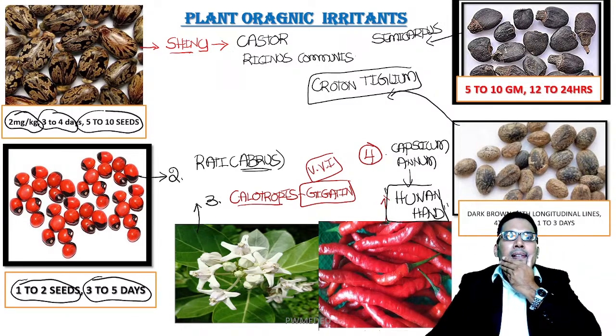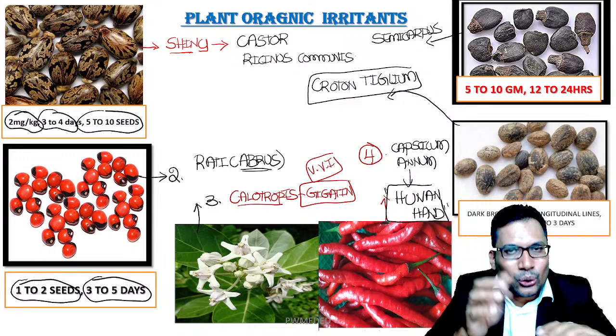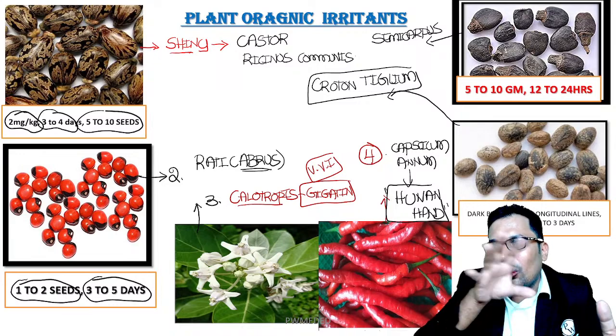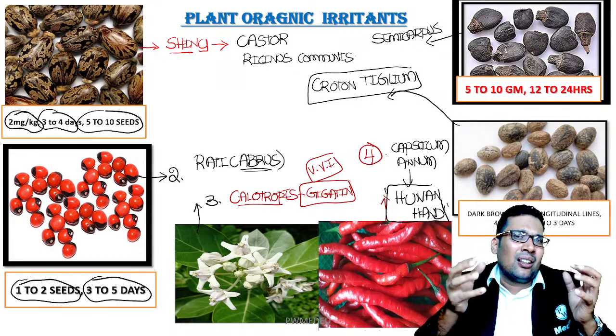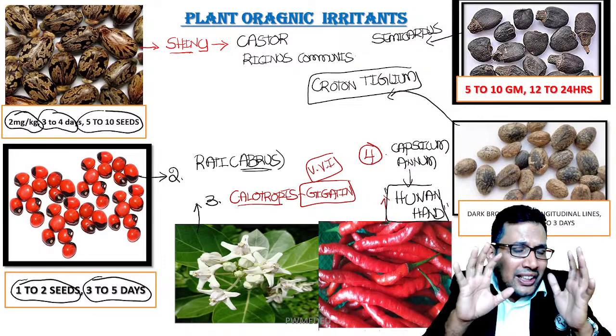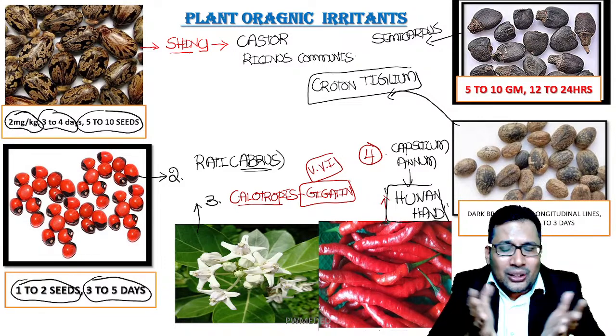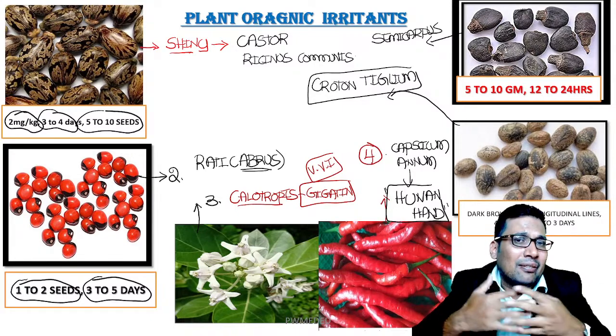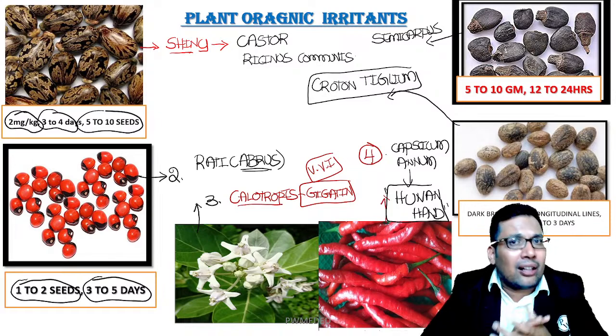Any doubt in this? I'm discussing in and out of the topic, not only the question and answer, so that if you get at least 5 difficult questions from my class out of 10 or 15, that will give you 5 fours, around 20 marks. So your rank will jump from 1000 to 500.